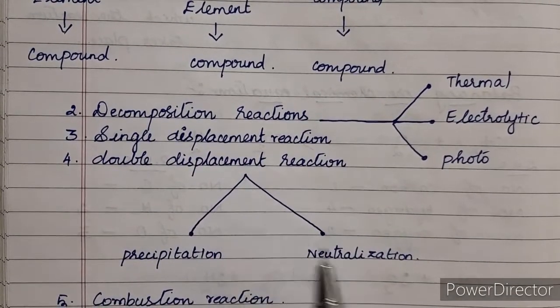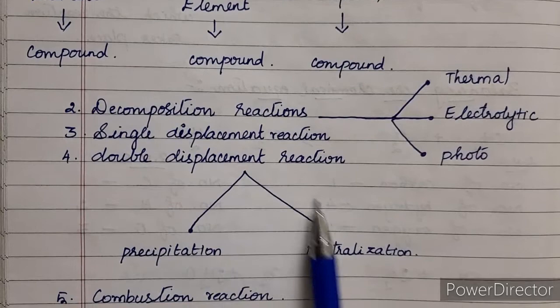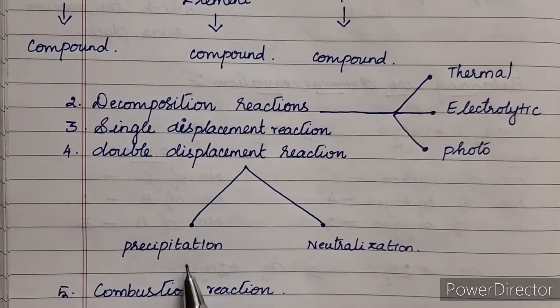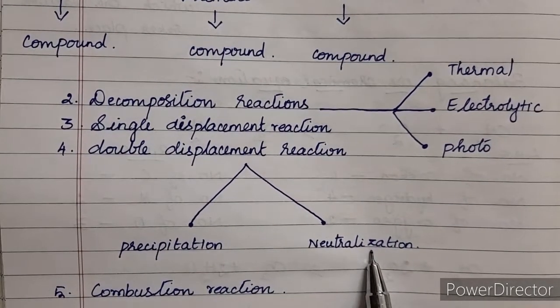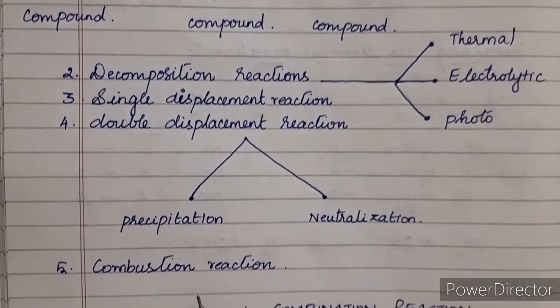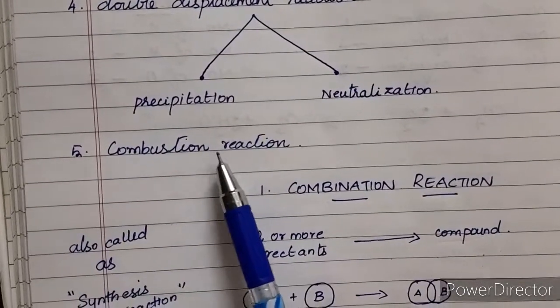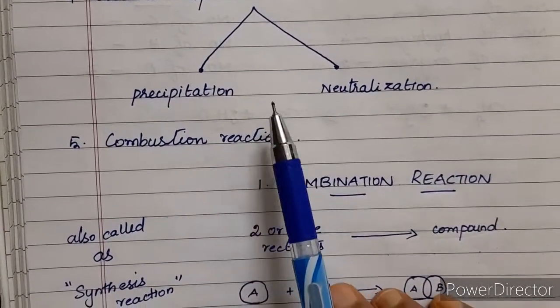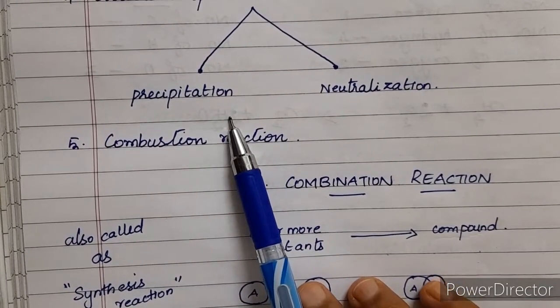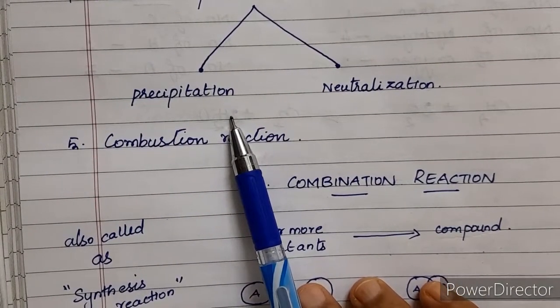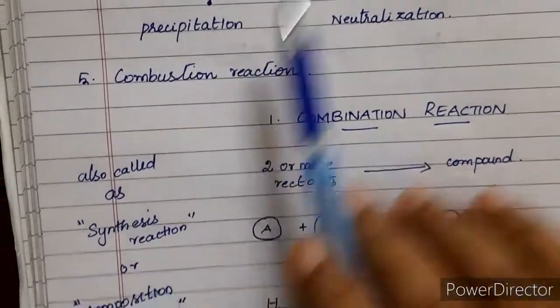This double displacement reaction is classified into precipitation reaction and neutralization reaction, and at the last, combustion reaction. So this is about the classification based on the nature of rearrangement of the atoms.